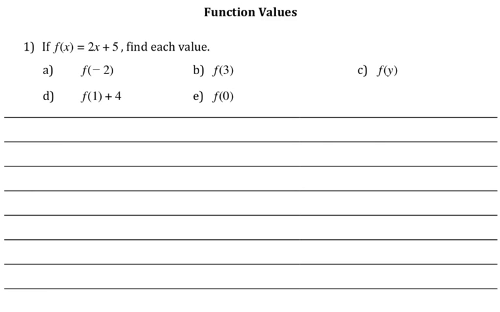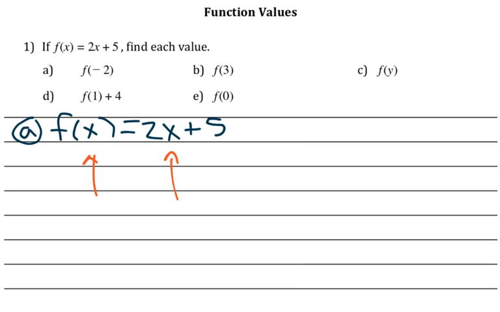Now as an in-between step, we are going to make sure that we write A, and then we're writing F of X equals 2x plus 5 for all of these. And the reason we're going to rewrite the original function every time is because it gives us a map to clearly plug in everything directly below where we're working.